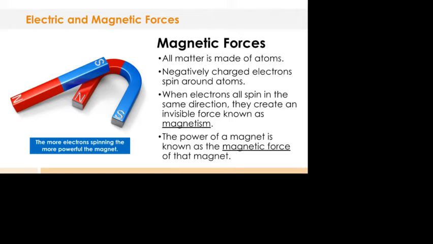As long as the electrons are just spinning randomly and not lining up, then you don't get magnetism. But when the electrons are all spinning in the same direction and all of their north and south domains line up, they create an invisible force known as magnetism.